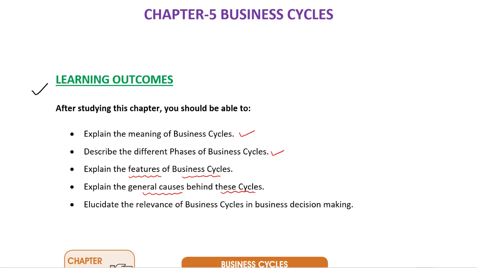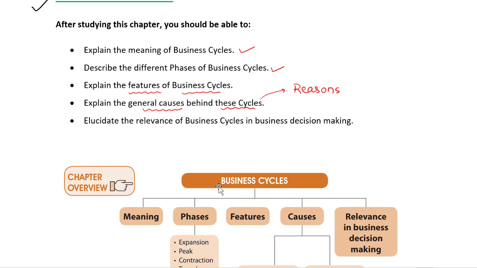What are the reasons behind these business cycles? Elucidate the relevance of business cycles in business decision making. That means in business decision making, how the business cycles are crucial.